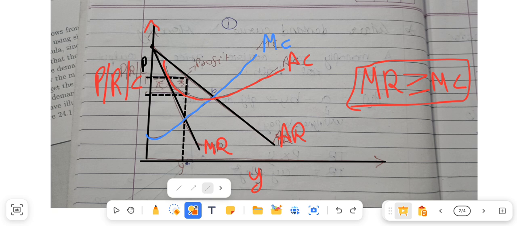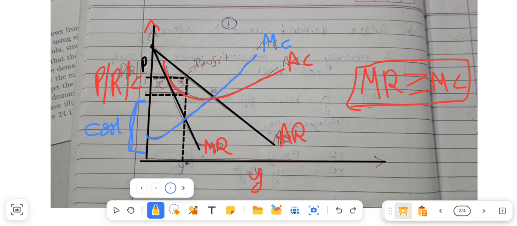So this area in blue color is the cost of making a commodity. But he is selling it at this much price. We know that profit maximization is pi equals marginal revenue minus marginal cost.